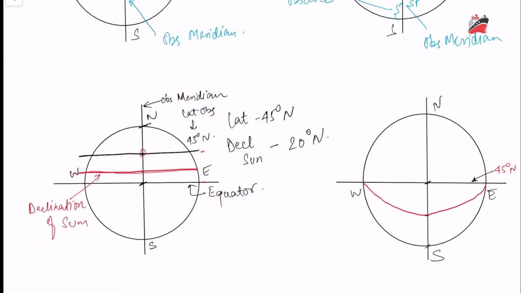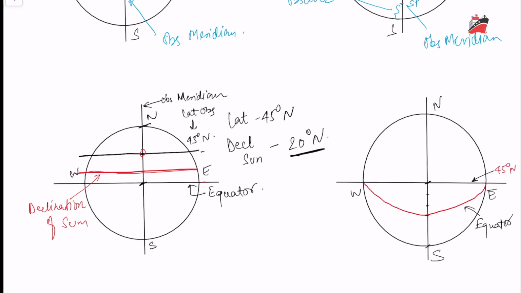We have to draw the declination of the sun, that is 20 degrees north. If this is the equator, 0 degrees, and this is 45 degrees, then in between it will be the declination of the sun.